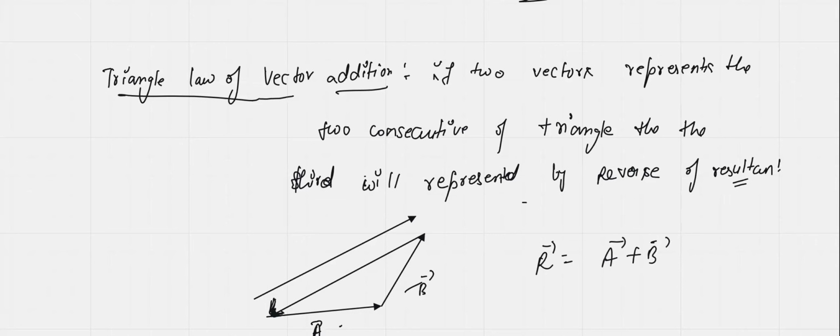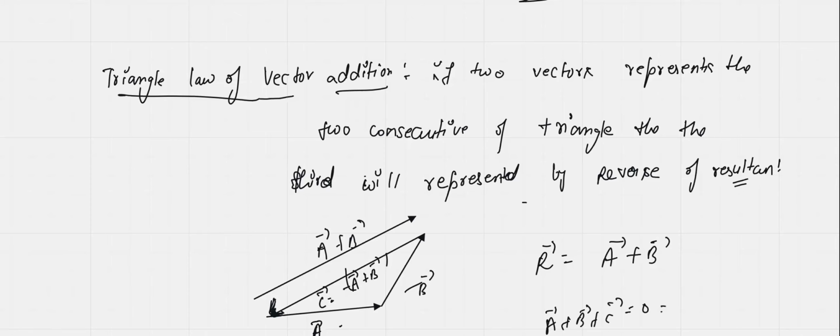So this side is A plus B, and this side is representing the negative of A plus B. Okay? So if you just add A plus B plus C, basically this thing, if I say this is the C vector, then A vector plus B vector plus C vector is equal to 0.